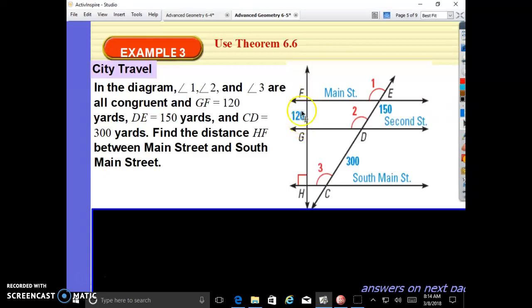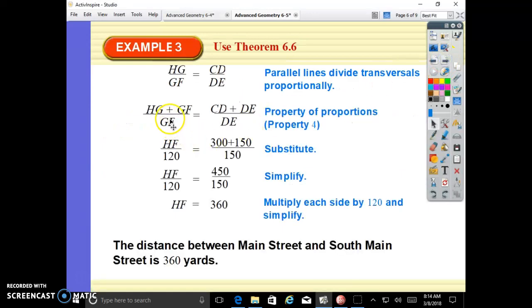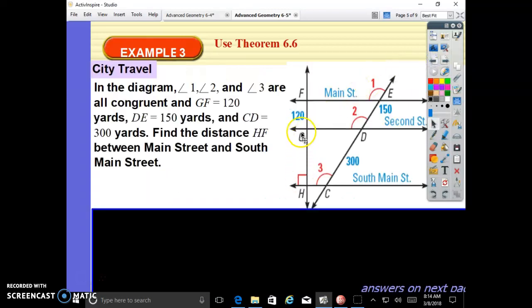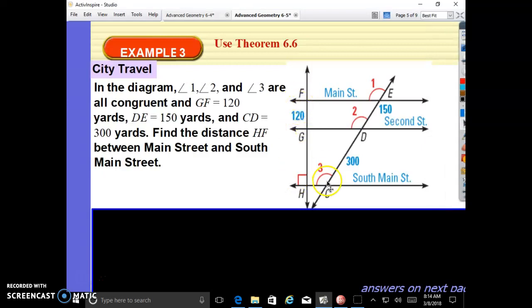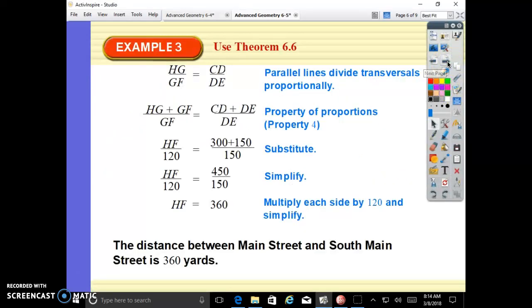HG plus GF over GF equals this plus this over here. It's another method that you can use.